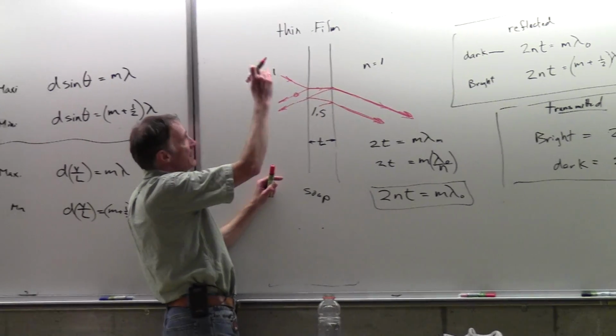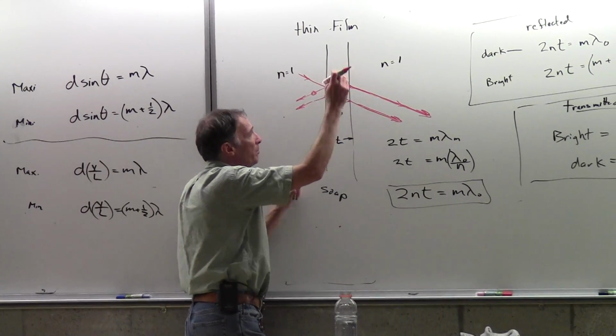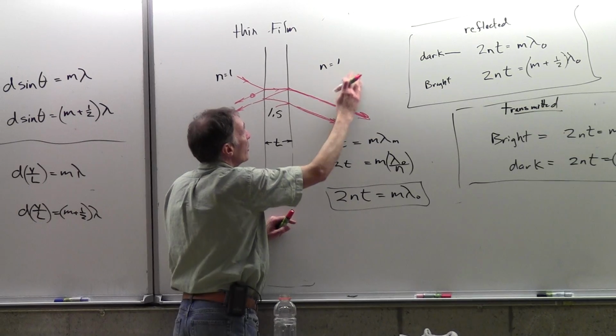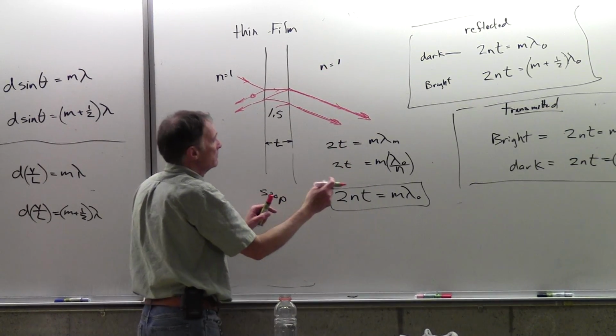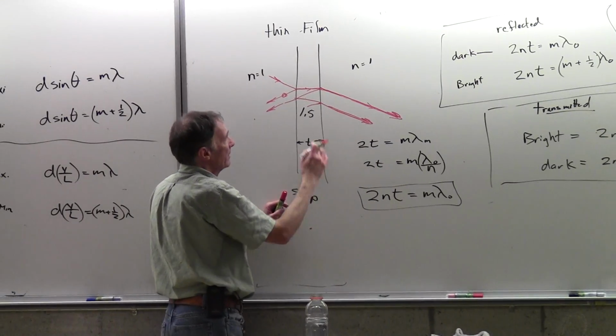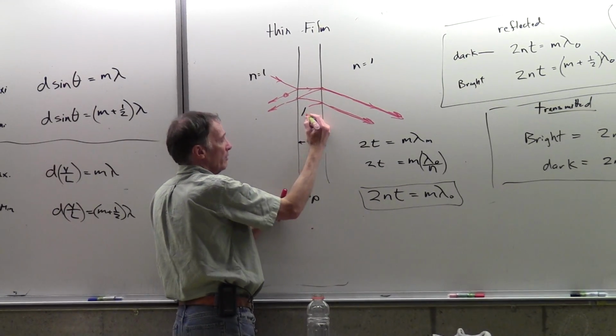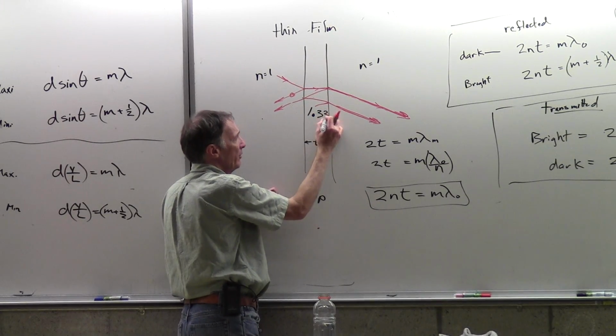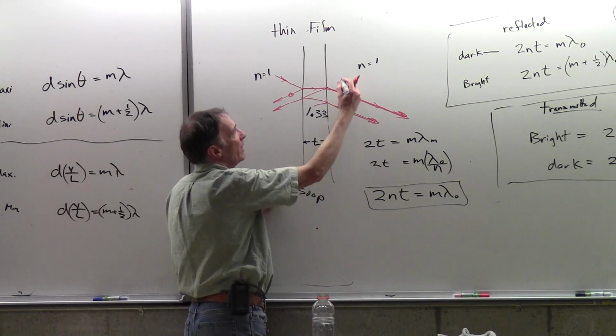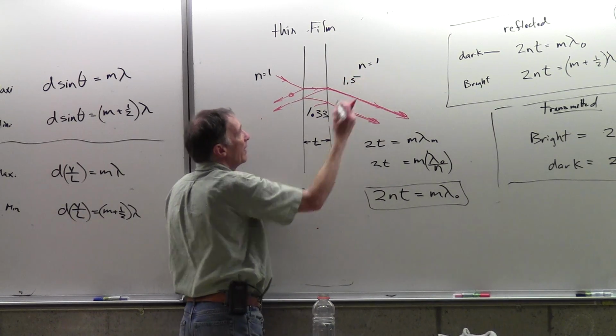If we went from, let's say, air to soap to something with an even larger index of refraction, actually, let's say soap was really close to that of water, so this would be 1.33. And let's say we're going to glass, 1.5.